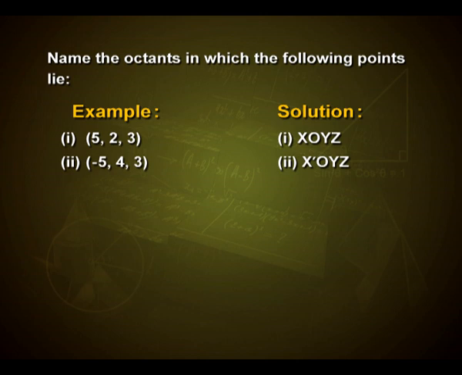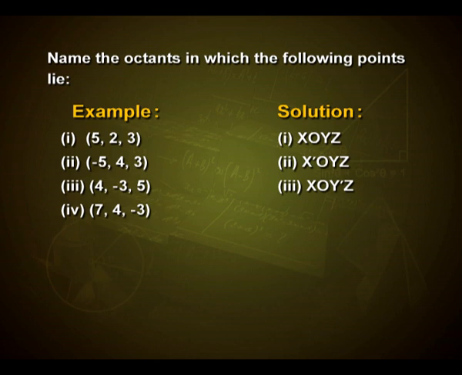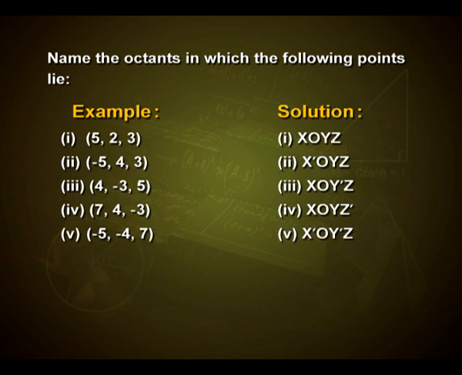Similarly, another point here 4, -3, 5 will lie in the octant XOY'Z, and the point 7, 4, -3 will lie in XOYZ', and the point -5, -4, 7 will lie in X'OY'Z.